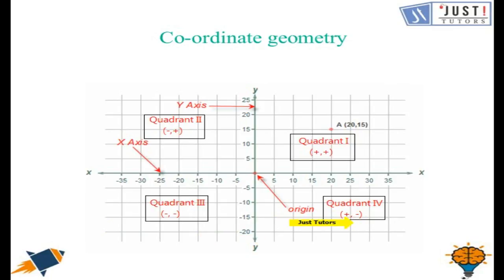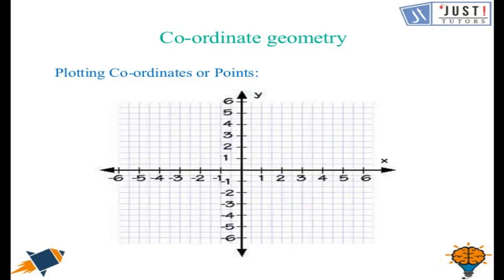Now, starting with our basic topic of the day, how to plot a point given by coordinates on a Cartesian plane. We know that coordinates are always written in a certain order: horizontal distance first and then vertical distance, like this, (x, y). x represents the distance on the horizontal line, that is the x-axis, and y represents the value on the vertical line, that is the y-axis.